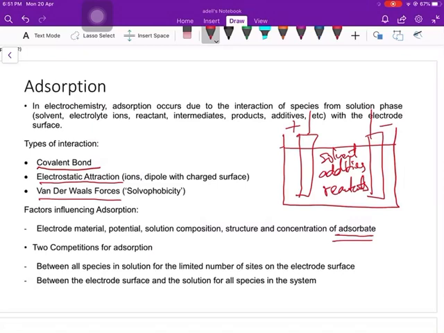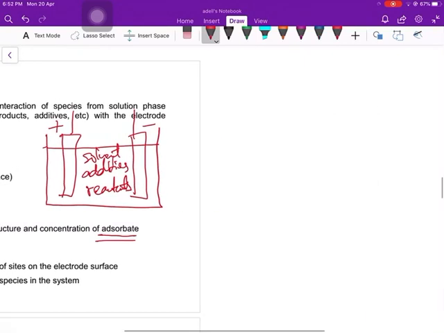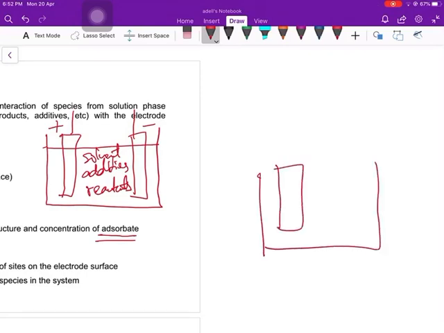There are two competitions for adsorption. One is between all species in the solution for the limited number of sites on the electrode surface. Imagine this is, for example, the cathode surface, with a lot of negative charge present at the surface.